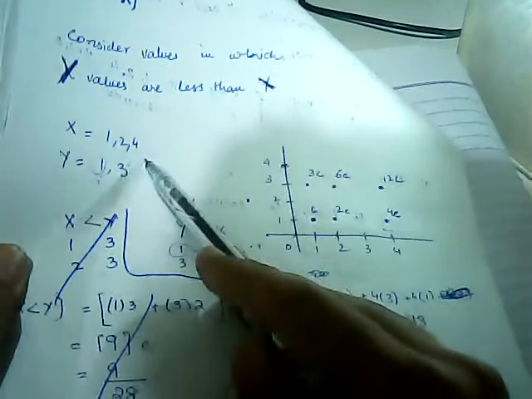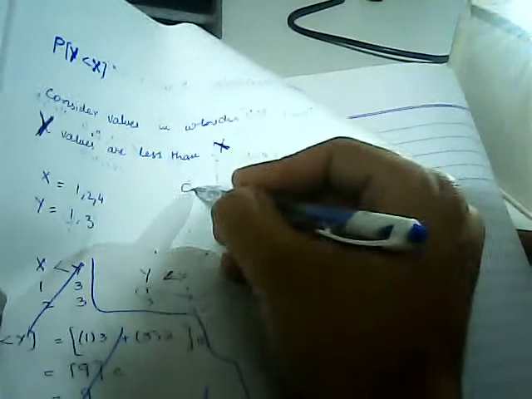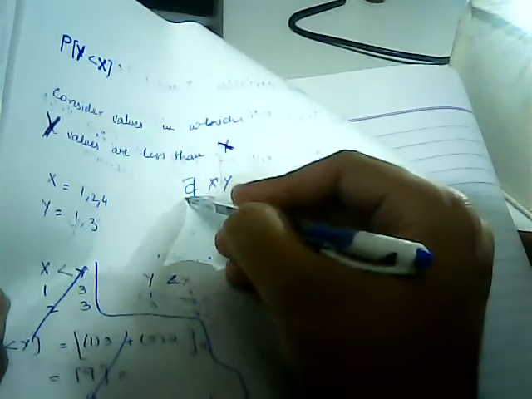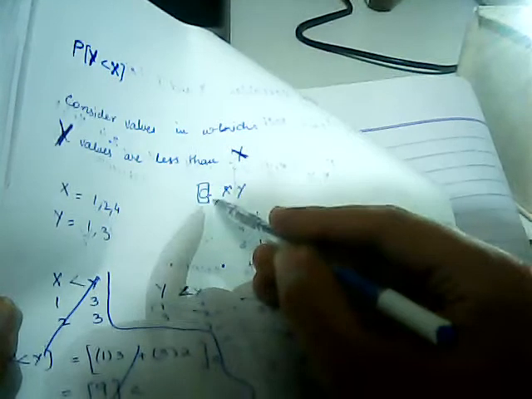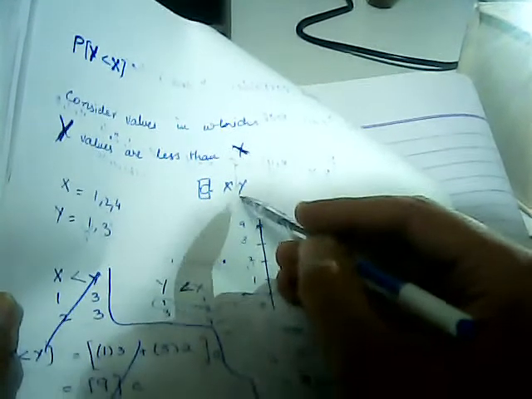Putting 1 and 1 in the formula, which was cxy, we have to consider c for the first point.